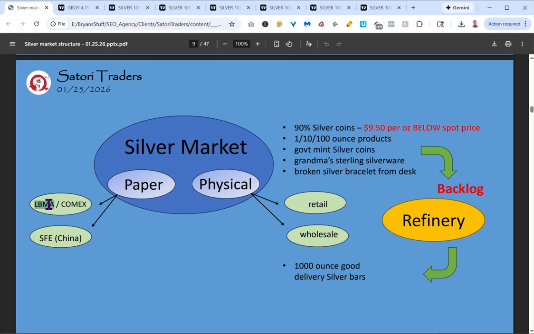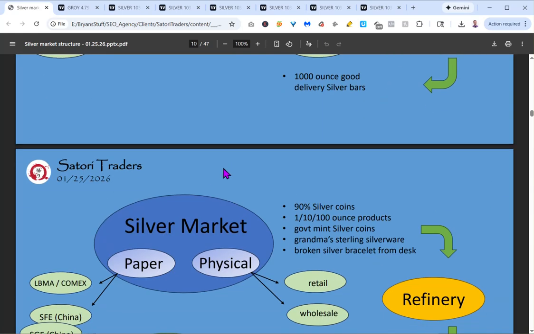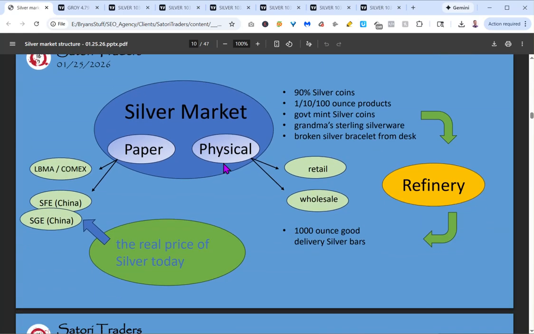Grandma's sterling silver doesn't do anything for these guys who are currently facing a shortage of silver. Grandma's silver doesn't help them with their issues. I'm at 11 minutes, and I'm almost done.